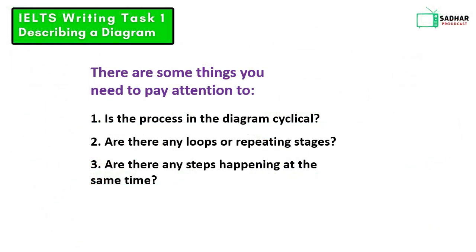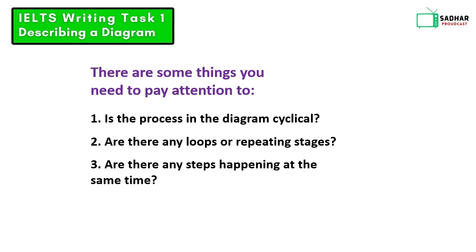Okay, there are some things you need to pay attention to. Number 1, is the process in the diagram cyclical? So going on and then going back again, like a circle. It's a cycle. Number 2, are there any loops or repeating stages? There can be a case or situation where a step or stage is repeating.